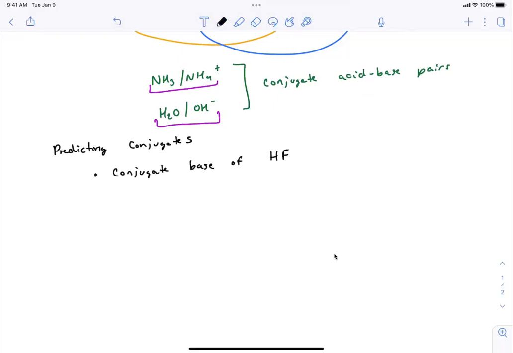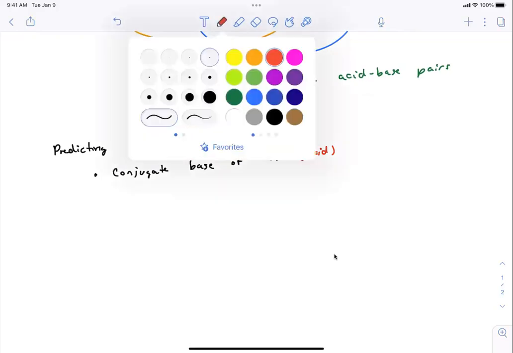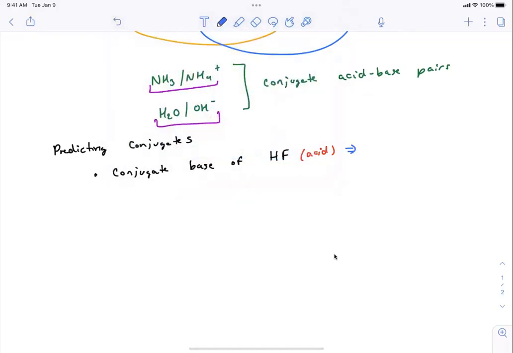Now, if you're looking for the conjugate base of HF, that means HF acts as a what? A proton donor, yeah, an acid. I was looking for acid, but proton donor is the same thing, correct. So the HF acts as a proton donor or an acid, so therefore the conjugate base would be what's left after you donate that H plus. So the conjugate base would be F minus.